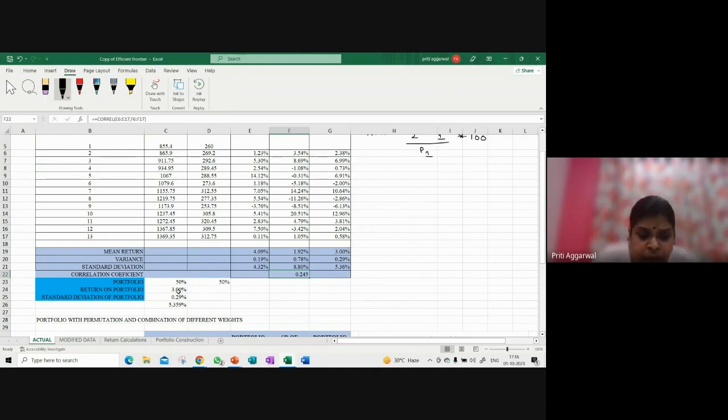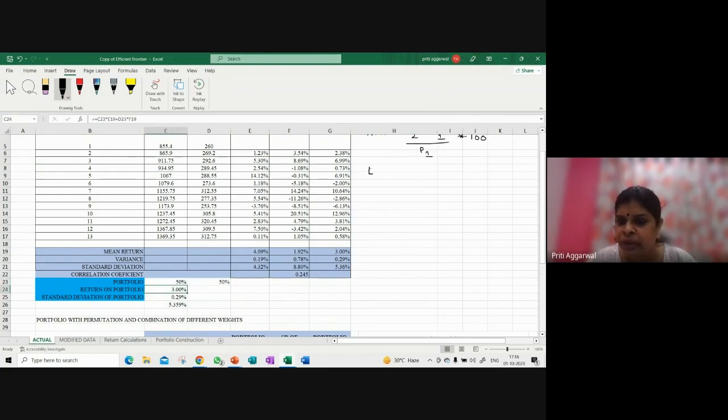The return on my portfolio will come to 3%, wherein I am using 50% as the weights for both the securities. I take their individual means and multiply them respectively with their weights, and that gives the return on my portfolio. This is something we have already done.